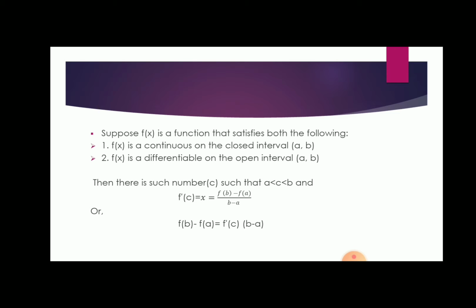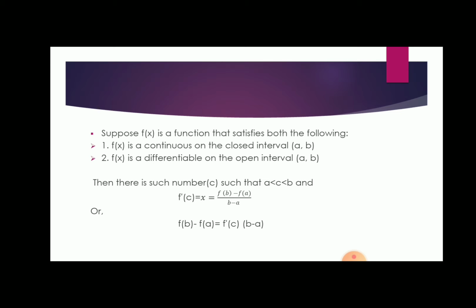Suppose f of x is a function that satisfies both of the following. Number 1: f of x is continuous on the closed interval [a, b]. Number 2: f of x is differentiable on the open interval (a, b).